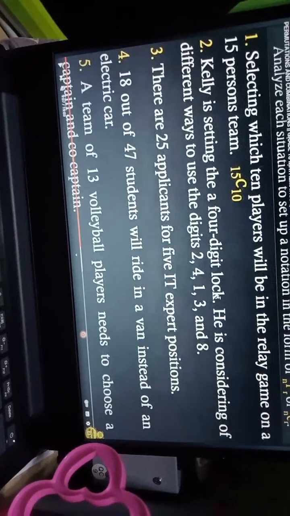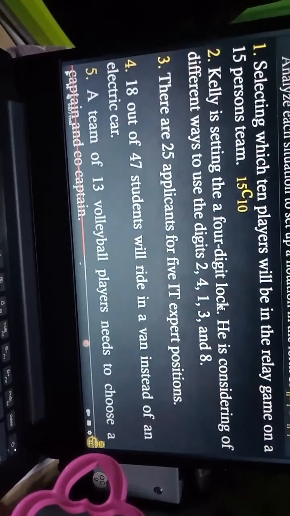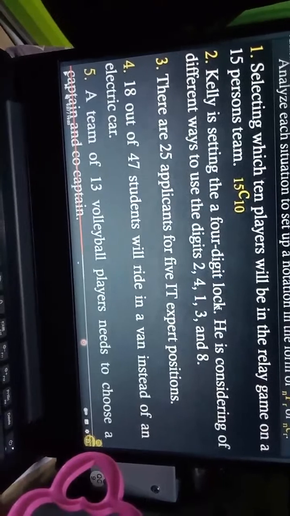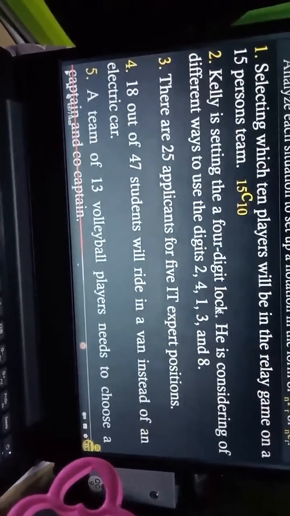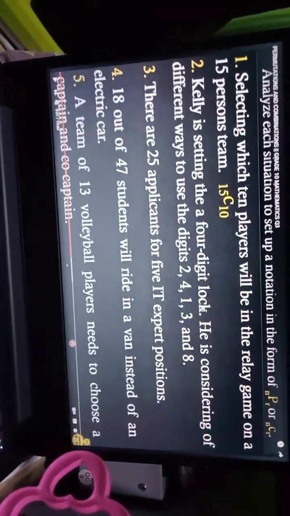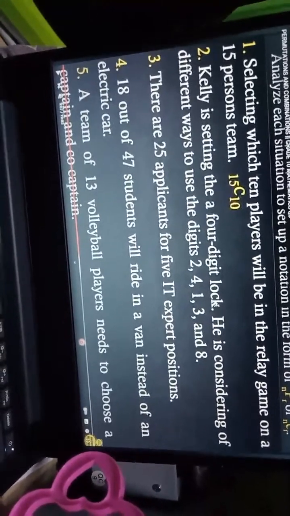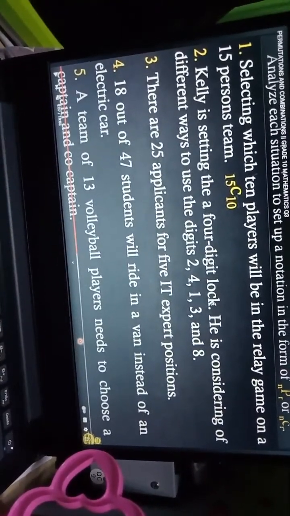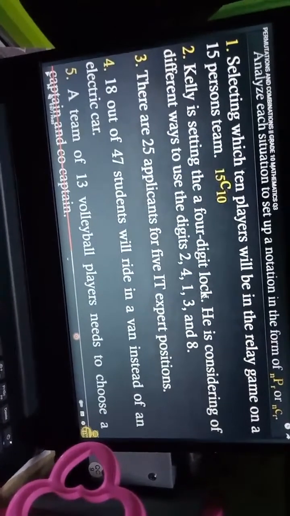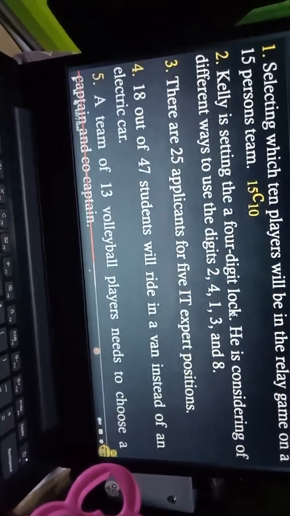So you must know how to multiply large numbers, because sometimes upon calculating in a problem of permutation or combination, most of the time we can get an answer in the millions, a value higher than 1,000.